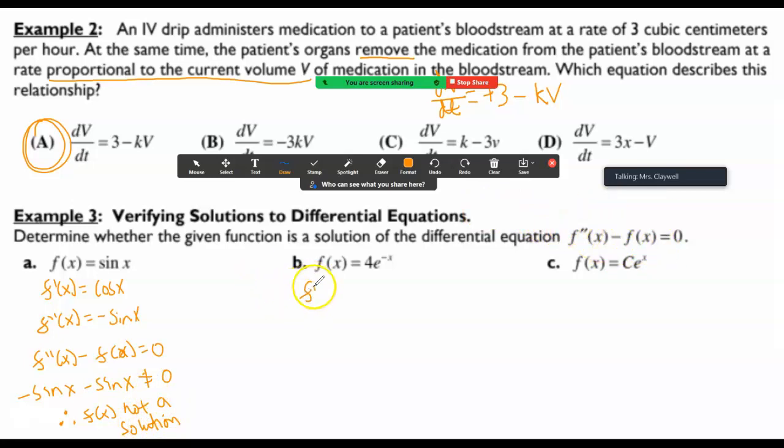We're going to keep trying that again. Feel free to pause your screen and try these on your own. I'd encourage you to. So I'm finding the first derivative, then the second derivative, and then just plugging in whatever I have.